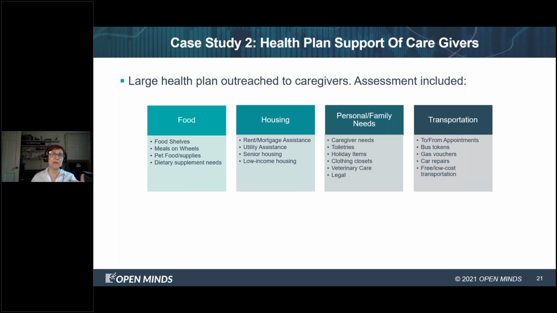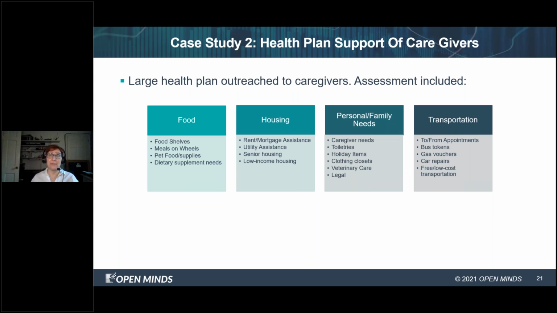Like, were you worried about the person you were caregiving for having housing instability or needing assistance paying their utility bills? What about your own needs? And then what about personal and family needs? So how much of an effort were you spending on making sure that the person you were caregiving for had everything that they needed? And then transportation, which is always an issue.